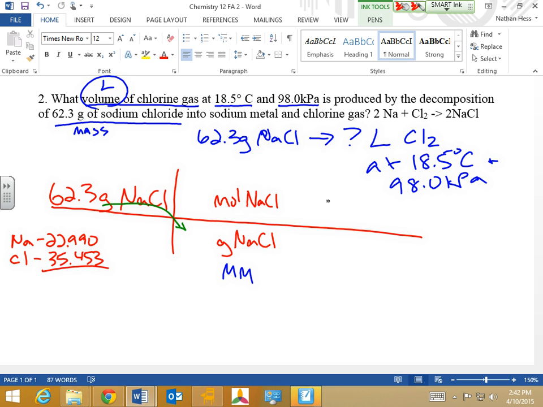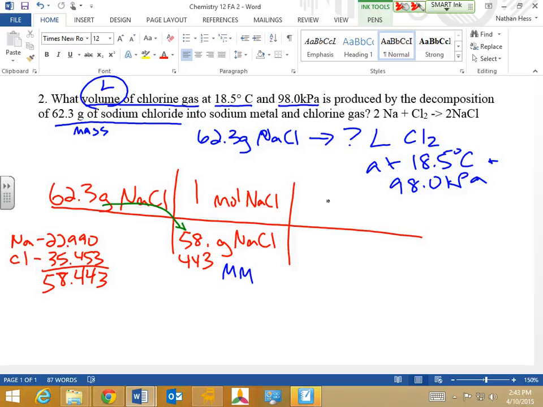I add those guys together. I get 58.443. So that's the number that'll go here, 58.443 in 1 mole.